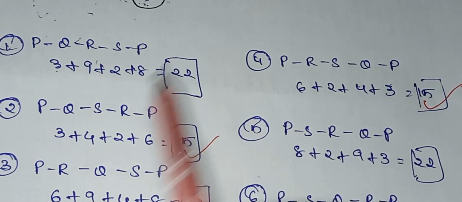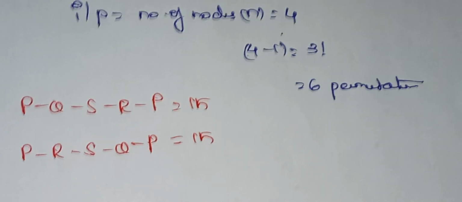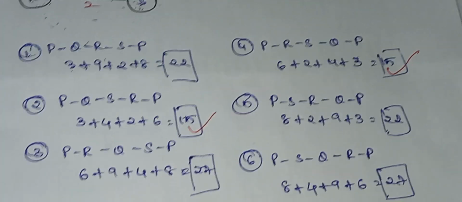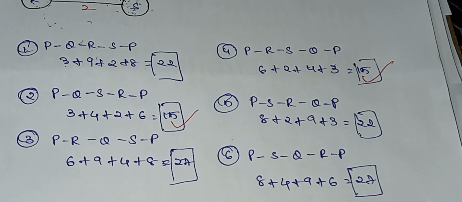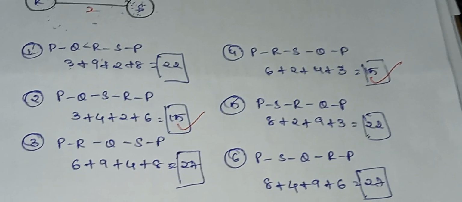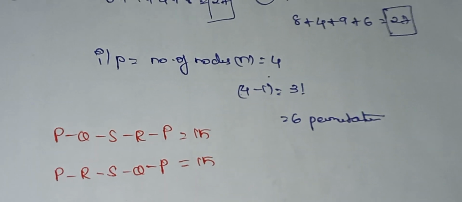These two are the optimal solutions: P2Q, Q2S, S2R, R2P and P2R, R2S, S2Q, Q2P, with cost 15. So amongst all these 6 generated tours, I got 2 shortest paths, the second and the fourth one.